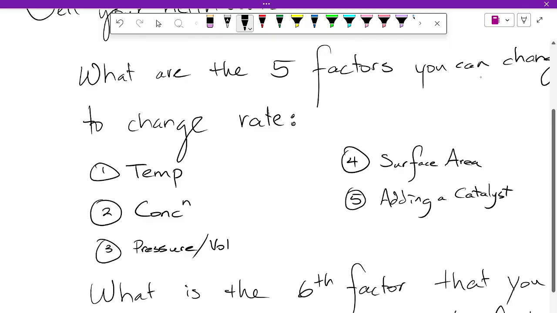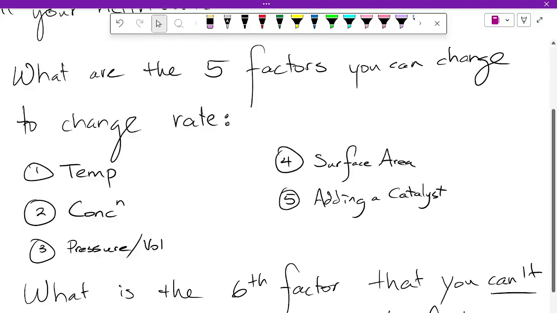Okay, now out of those five, which one works for only a heterogeneous reaction? That one is what number? 4, surface area.